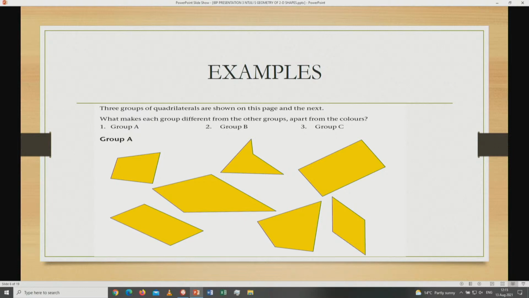But congruent means that they must be the same shape and the same size. There must be no shape that is bigger than the other. If we talk about a rectangle, it must be a rectangle and a rectangle, and they must be the same size, same shape. Right. These are the shapes in group A, guys. I believe now we have time to look at them. Let us move to the next group of shapes.